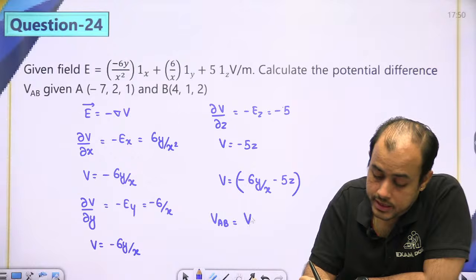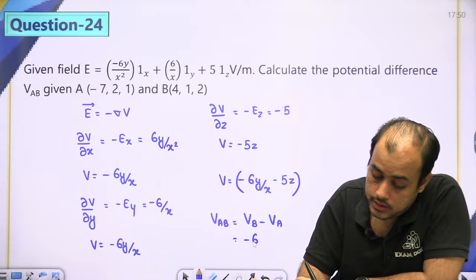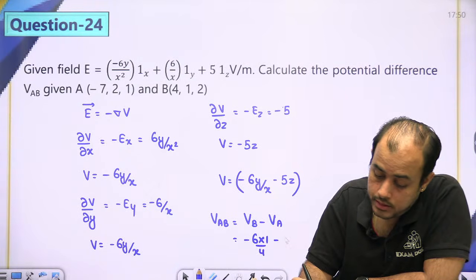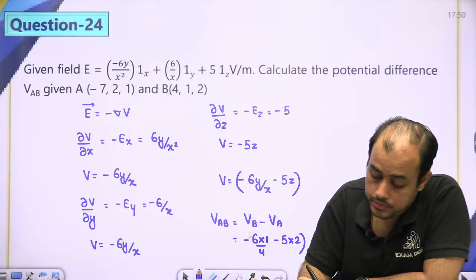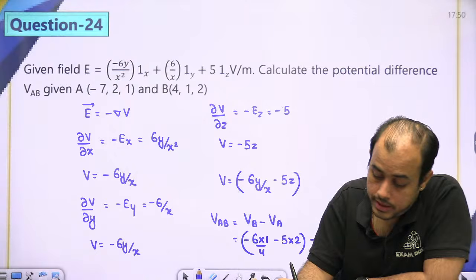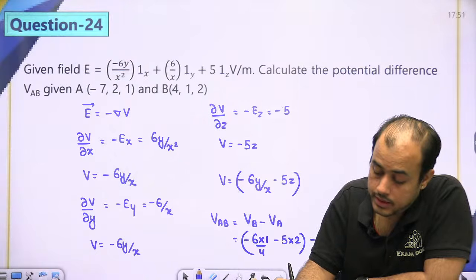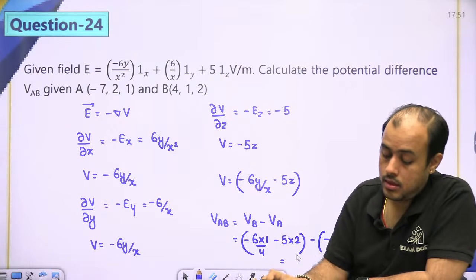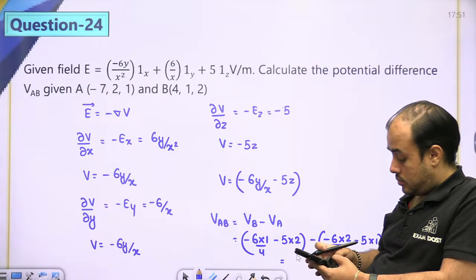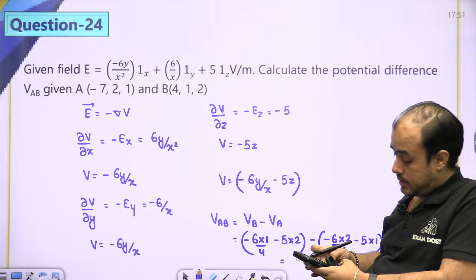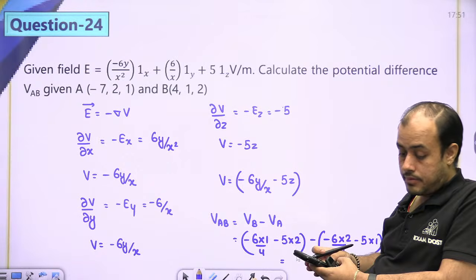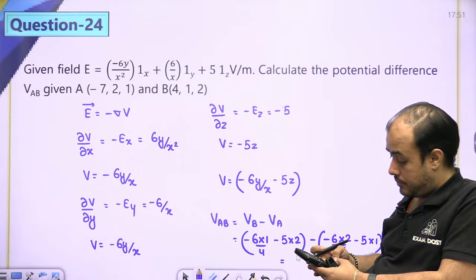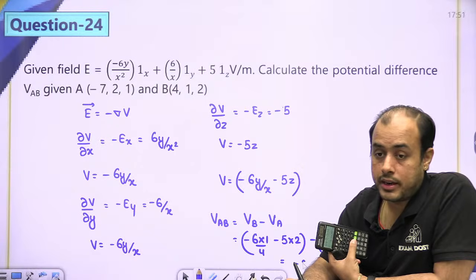In EMFT, beta, it is always treated as VB minus VA. 6 into 1 by 4 minus 5 into 2 minus 6 into 2 by minus 7 minus 5 into 1. Okay? So minus 6 by 4 minus 10 minus 6 into 2, 12 by 7 plus 5, minus 8.214.